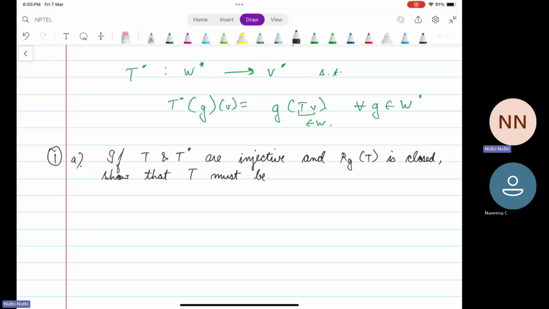In order to prove that T is invertible, we need T to be one-one and onto. That means if we prove that T is surjective, we are done.